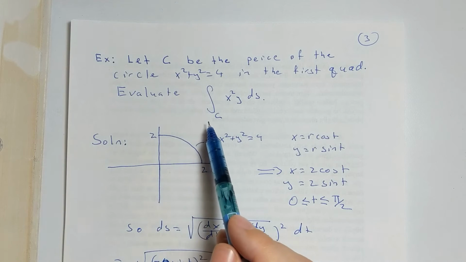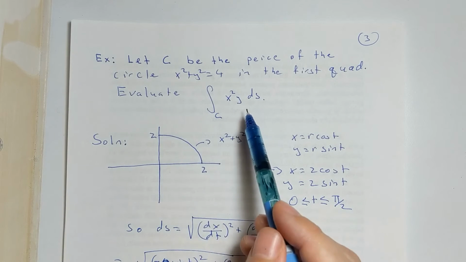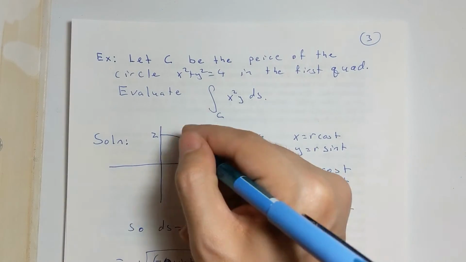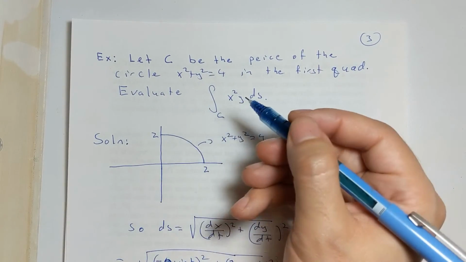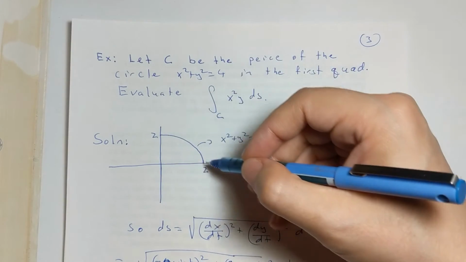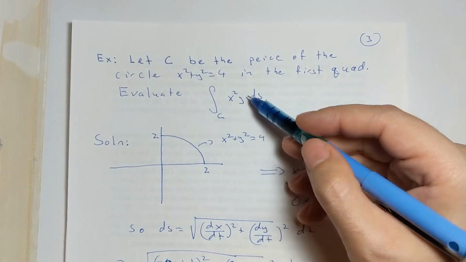So in that case, I would like to evaluate the integral of x squared y over this circle ds. So maybe the density at any given point xy is x squared y, okay? So what would be the mass of this piece of wire, if it's got different densities at each point and the density is given by this function?